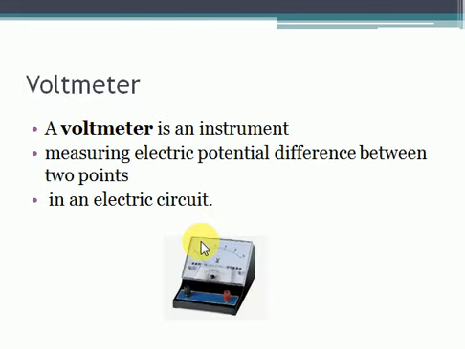Now what is a voltmeter? Actually, a voltmeter is an instrument that measures electric potential difference between two points. So when we put a voltmeter in a galvanic cell, it measures how much current or voltage is produced in the cell.